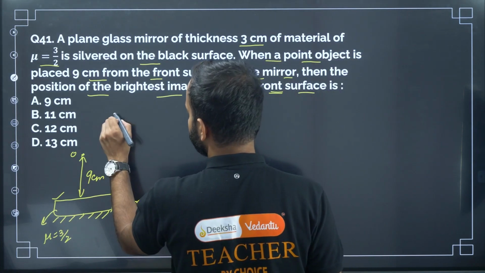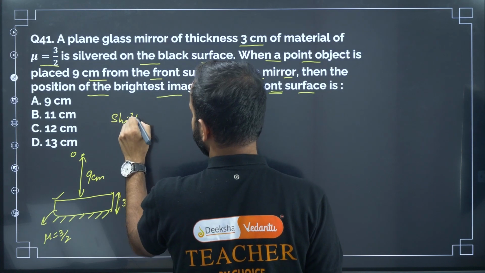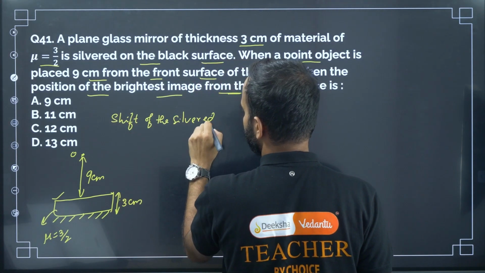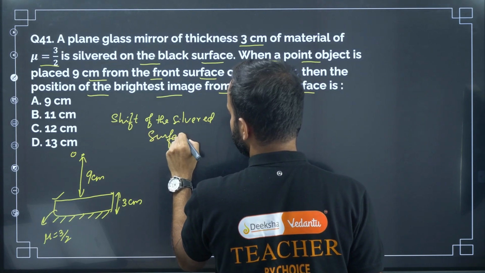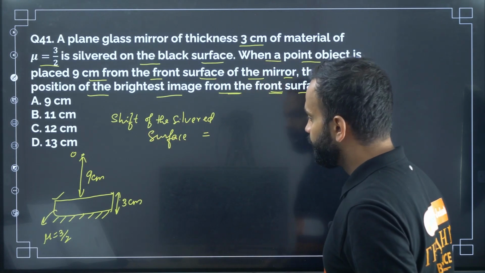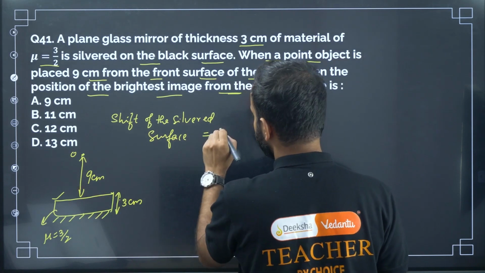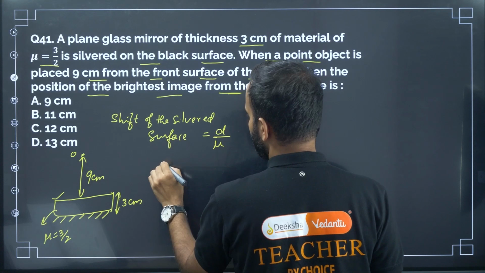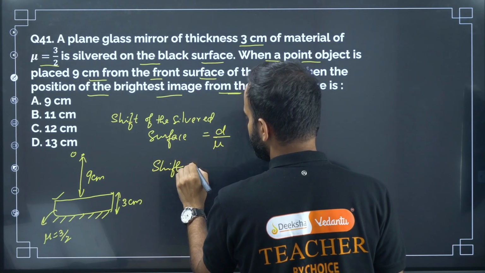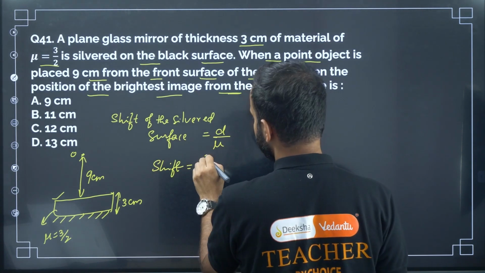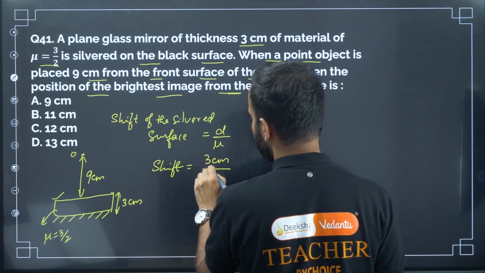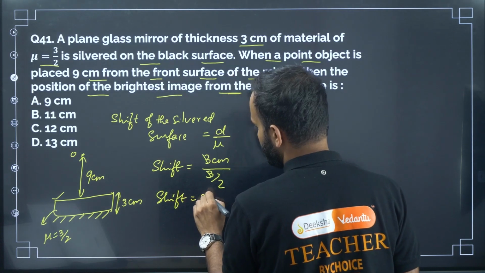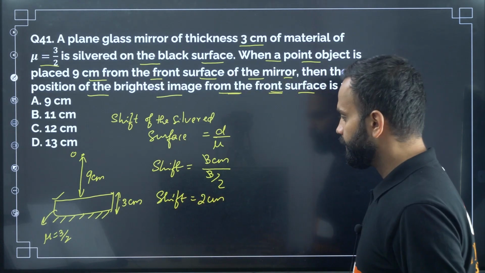The shift of the silvered surface is equal to the thickness of the glass d divided by mu. So shift equals 3 centimeter divided by 3 by 2, the 3 will get cancelled, so shift equals 2 centimeter.